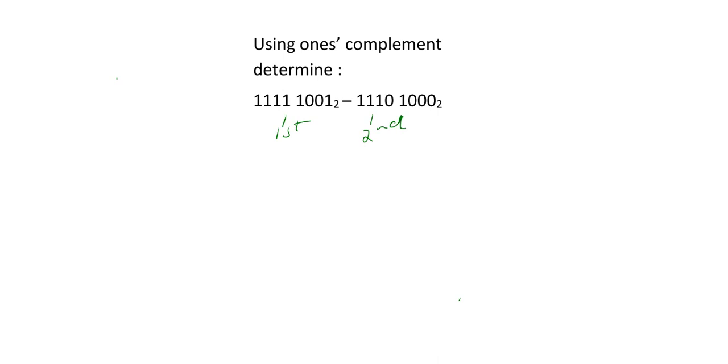The first thing that you do, step 1, you convert the second number, the number to be subtracted, to its one's complement representation. This number is converted into one's complement.